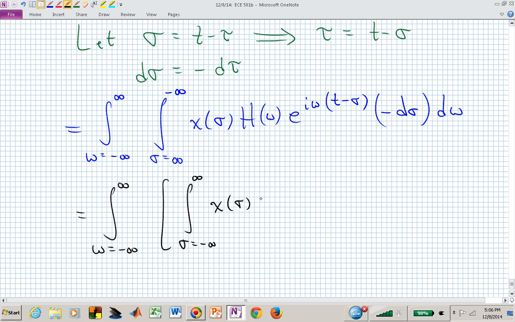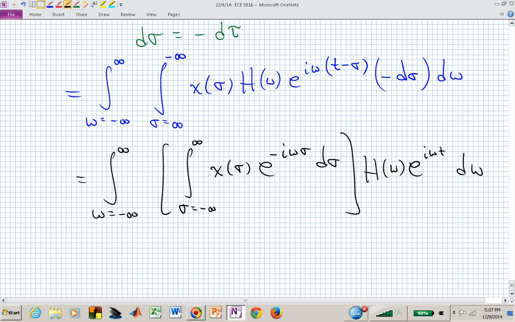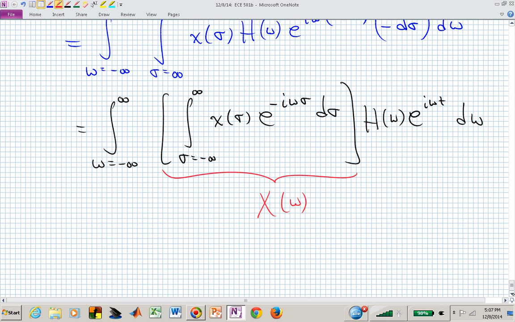Let me just keep inside the e to the minus I omega sigma, d sigma, and now I'm pushing everything else outside of that inner integral, which is h of omega, e to the I omega t is left over, d omega. And this is just how we defined X of omega. So that now we can write this as we said we were going to.